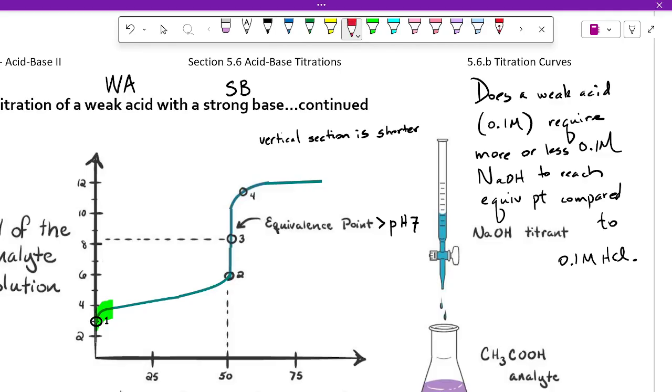Remember, the equivalence point is when the moles equal the moles. Yes?